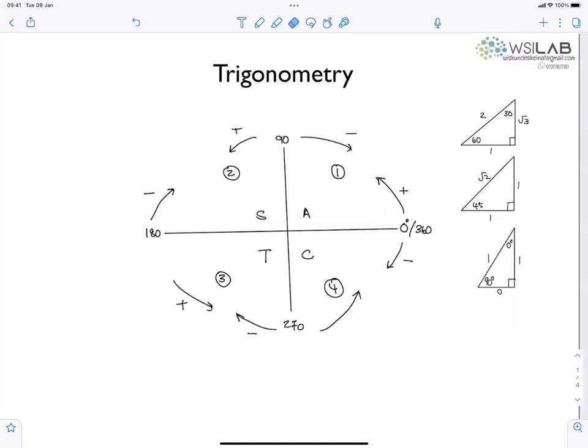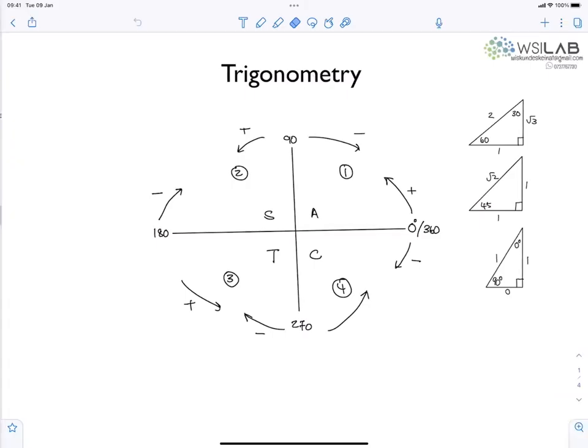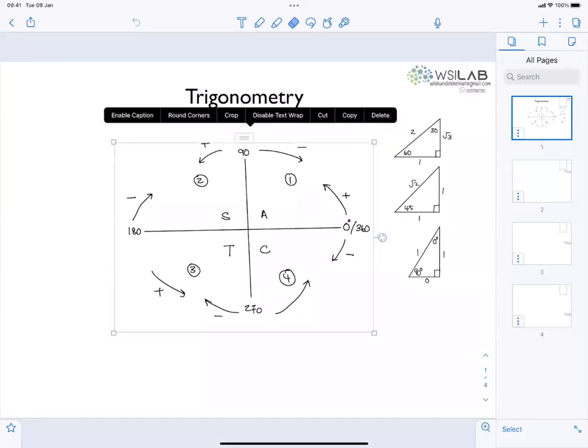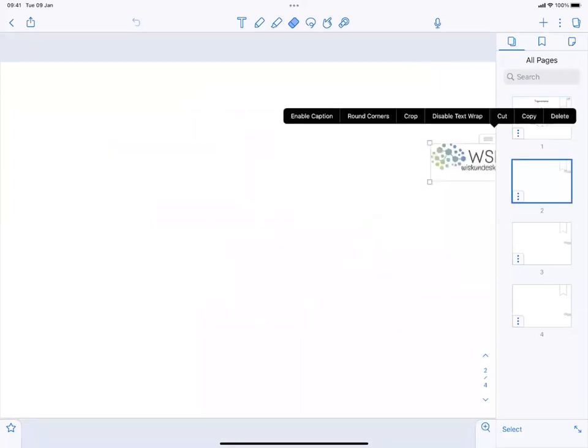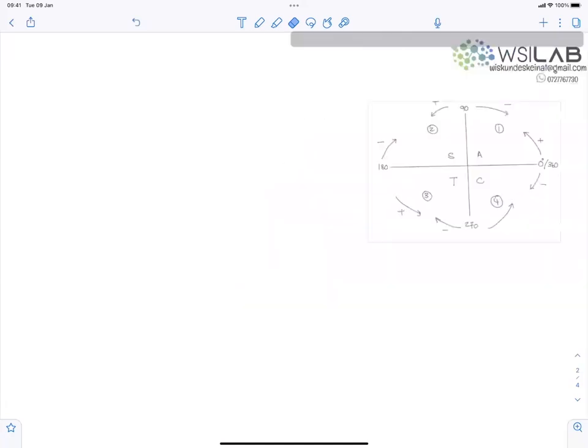Okay. Let's see what we've got here. Okay, you've got those drawings in front of you. I'm just going to draw from them. Maybe I should just copy this and move to the next page. Okay, so let's paste it here. Just going to make it small so we can use it.